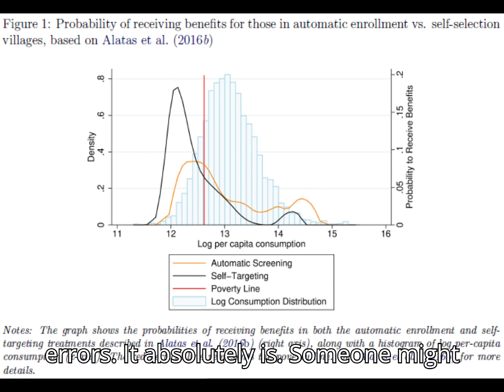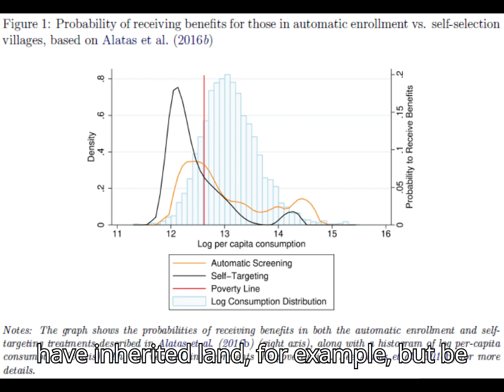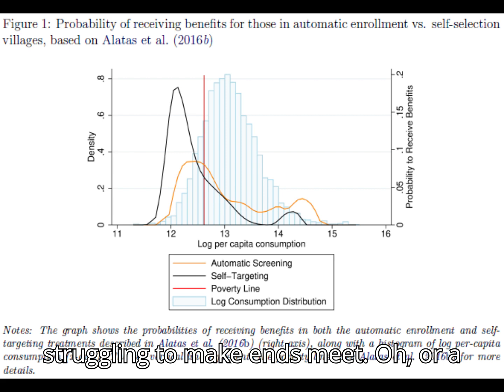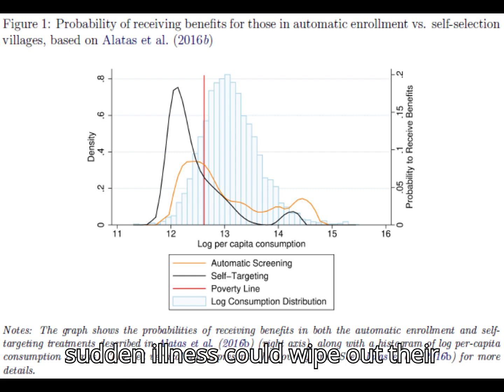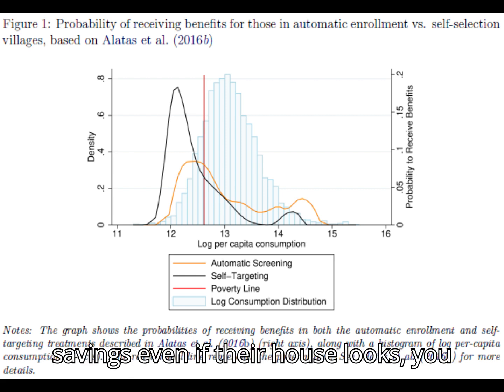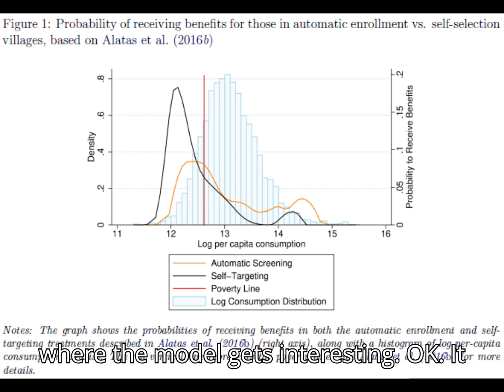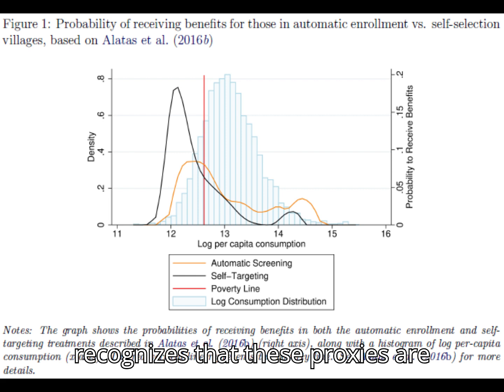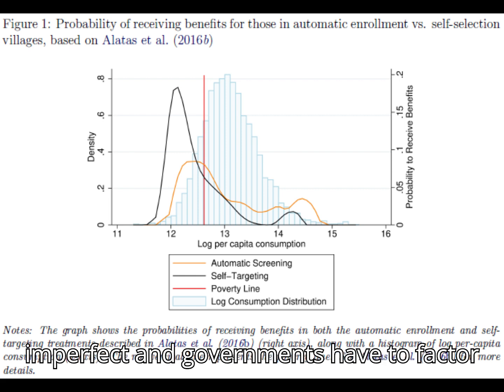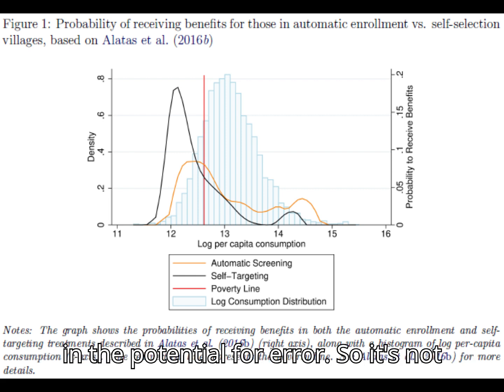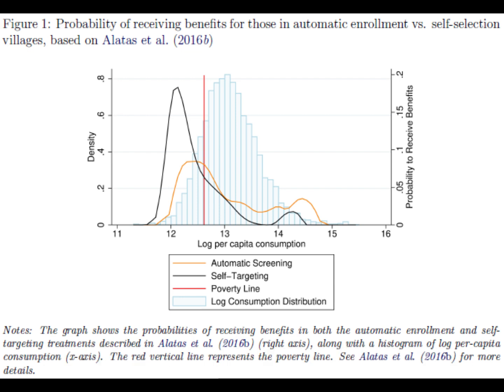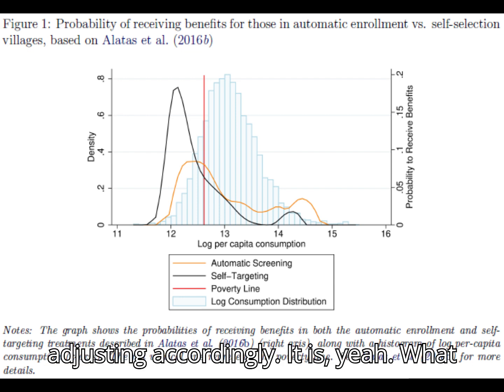It absolutely is. Someone might have inherited land, for example, but be struggling to make ends meet. Or a sudden illness could wipe out their savings, even if their house looks relatively well off. That's where the model gets interesting. It recognizes that these proxies are imperfect and governments have to factor in the potential for error. So it's not just about choosing a method, but understanding its limitations and adjusting accordingly.